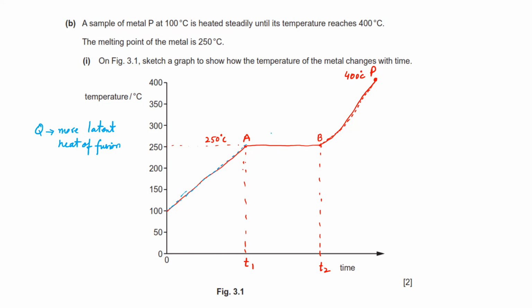Now this is the latent heat of fusion region. So this will be longer than the previous one. So say somewhere here, and then again with the same slope, you go up till 400. This is again the same. So this is for Q. The time required by this material to be over here is more than the previous one.